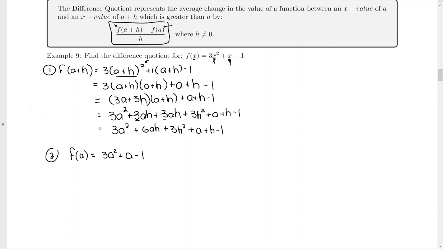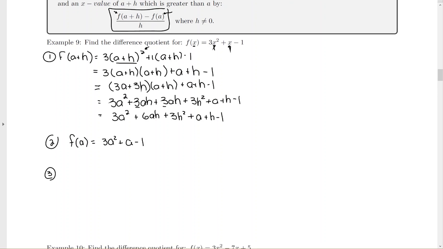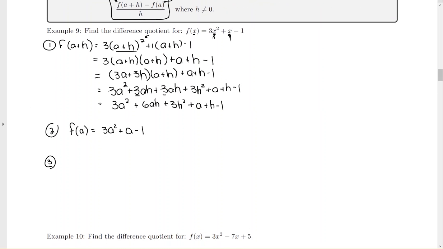All right. Step 3, we're going to kind of put everything together. So in step 3, I'm going to take my answer from 1 minus my answer from 2 and then divide by h. So we're going to be kind of specific about this.